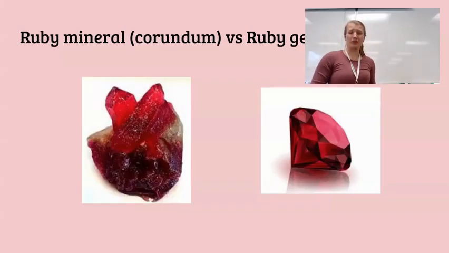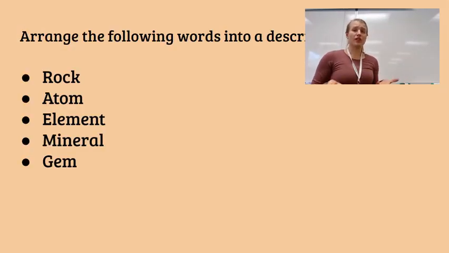This is another example. The ruby mineral is actually called corundum, and it might look something like this. Then once you polish it and make it look pretty, it looks like that nice ruby on the side there. The next challenge that I would give you if you were in class was to try to find a way to arrange these words into some sort of diagram.